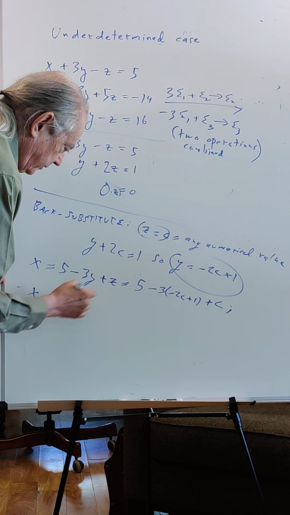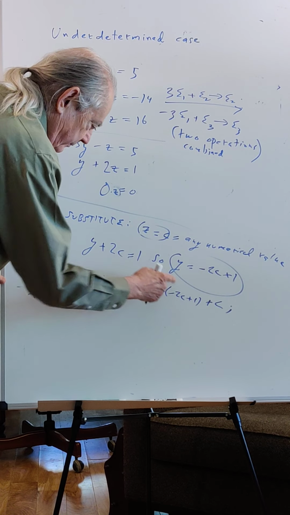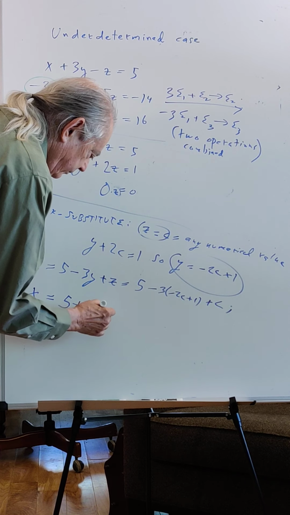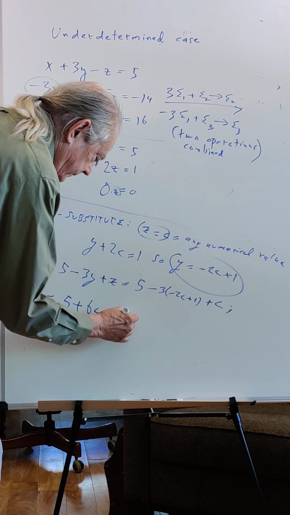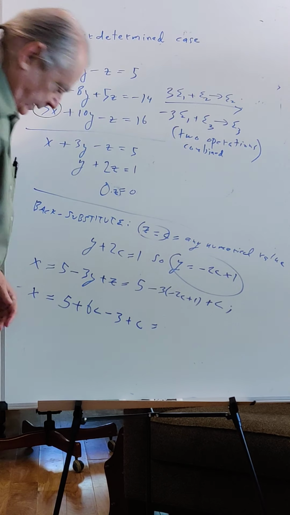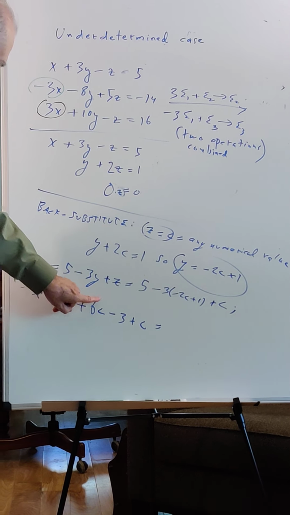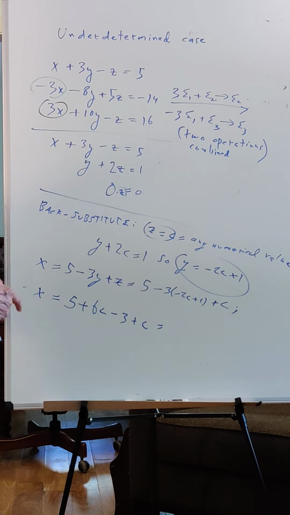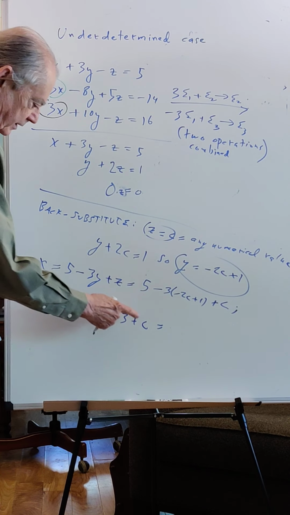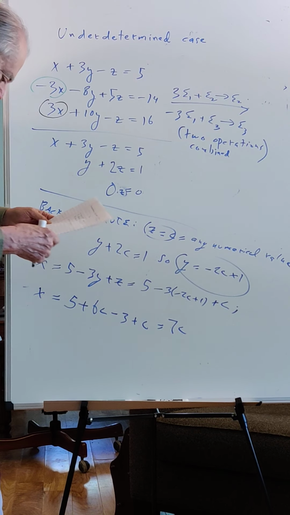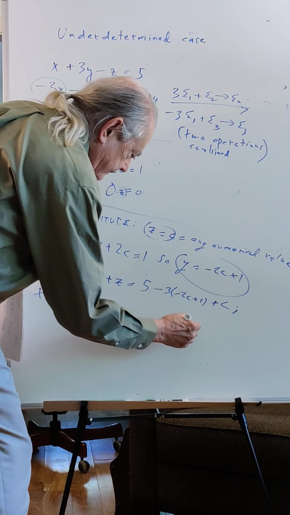Minus, or rather plus, minus times minus, 6c minus 3 plus c. Let me make sure I'm on the right track here. Okay, so we have 6c and c. We can combine those terms. 6c plus c is 7c, and 5 minus 3 is 2.